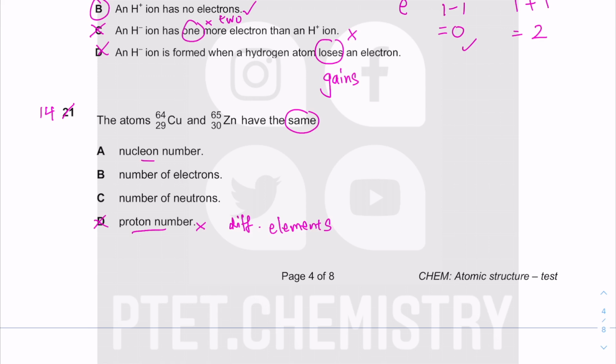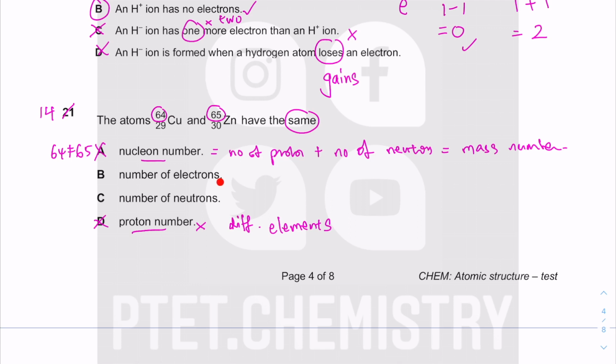If I look at nucleon number, which is the number of protons plus the number of neutrons, you can also think about that as mass number because there's another name for it. So 64 is not the same as 65, so A is out. You're looking for same, so A is out.